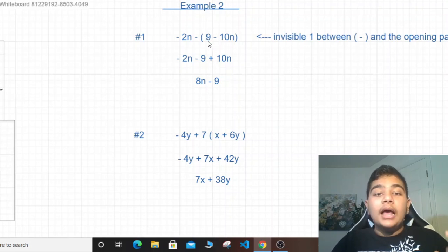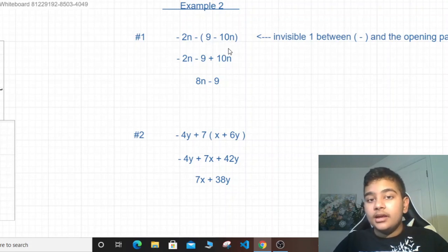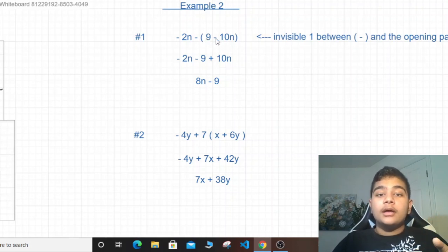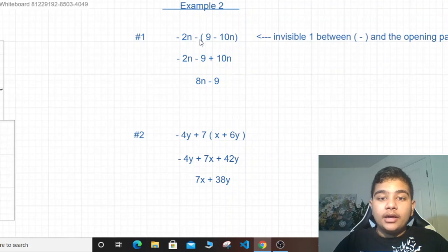So since 9 and negative 10 cannot interact, since 9 doesn't have the same variable as negative 10n and it doesn't even have a variable, we move on to the second part. We multiply by what is outside, but we know that in this area where my cursor is there is an invisible 1 right here.